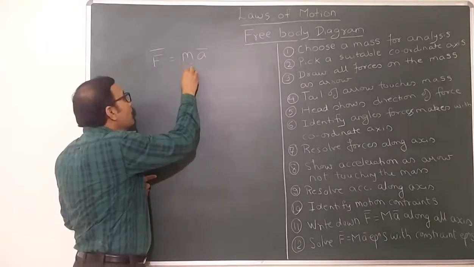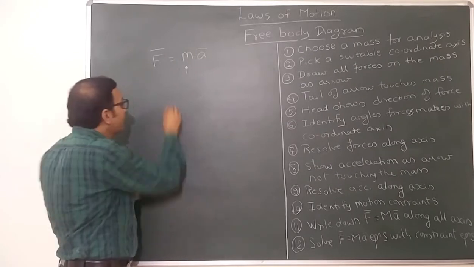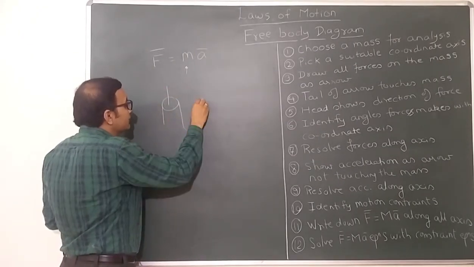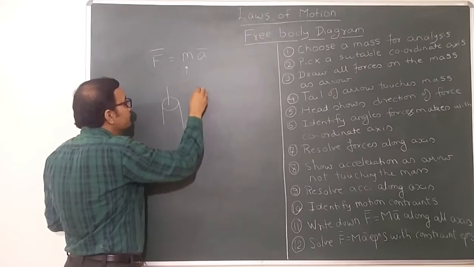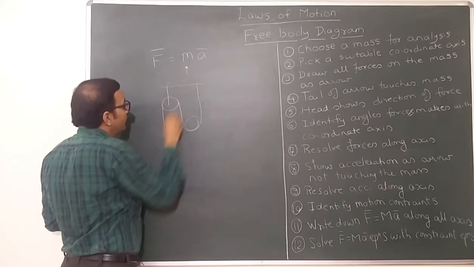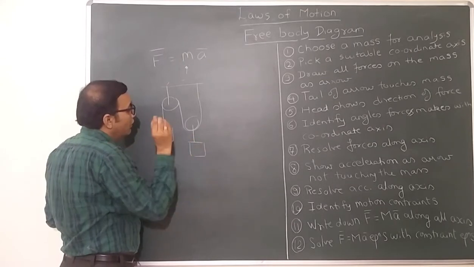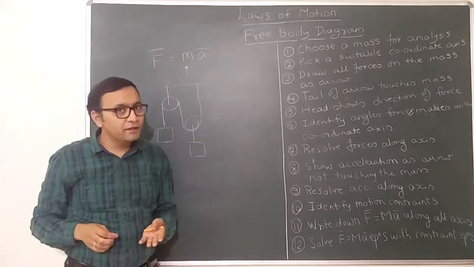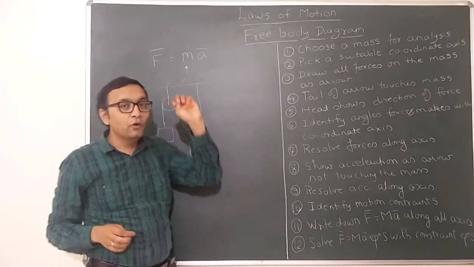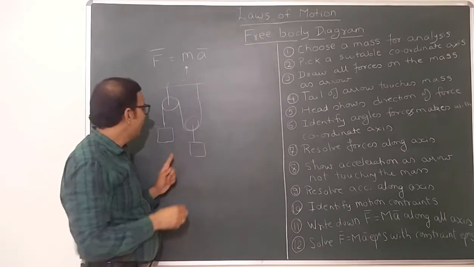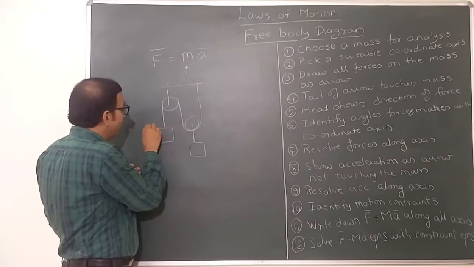Okay, so it might be that in a problem there are multiple masses. For example, in this particular problem, there is one mass here, one mass there. So multiple masses may be there, but this equation you can apply to only one mass at a time. So you have to choose these masses one by one.